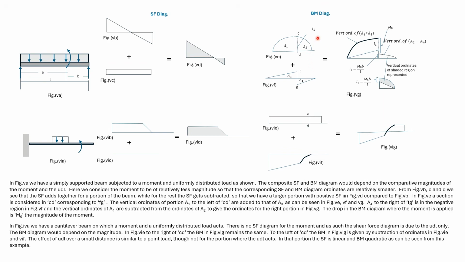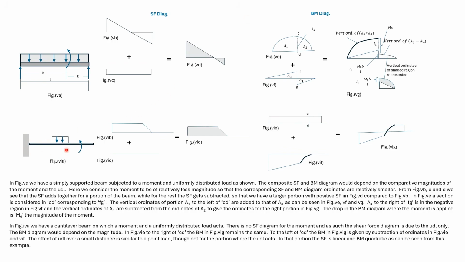So if this is L1, then we have added L1 on top of it. Here we have shown how we have subtracted A4 from A2, and this shaded portion is the result of the subtraction, whose vertical coordinates we have added here.